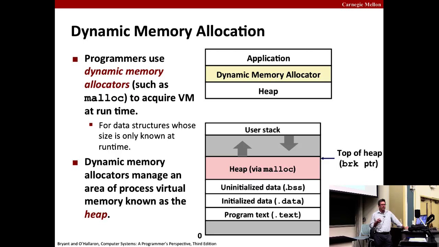Almost all languages have some mechanism for acquiring and manipulating this dynamic memory. So in C, it's the malloc package. Languages like Java have the new method.